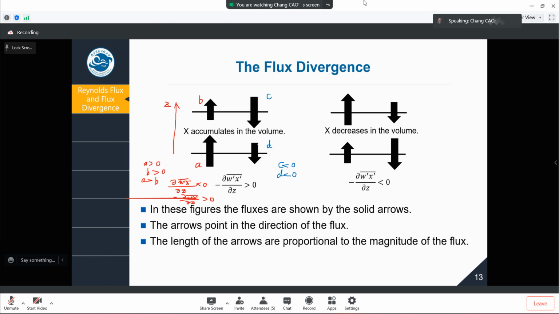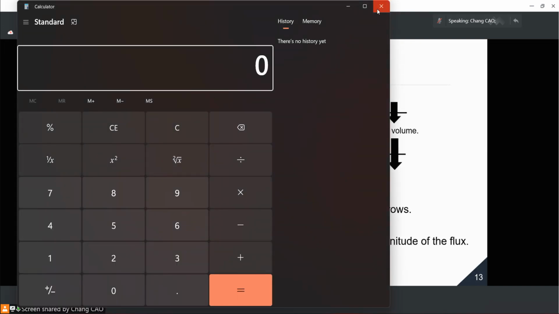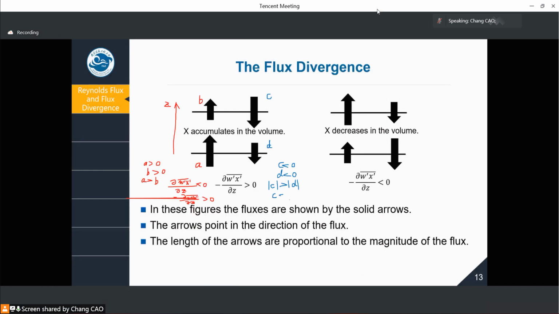We should look at the length of the arrow. C has longer length than D, so the absolute value of C is bigger than D. But because C and D are both negative values, C is smaller than D.